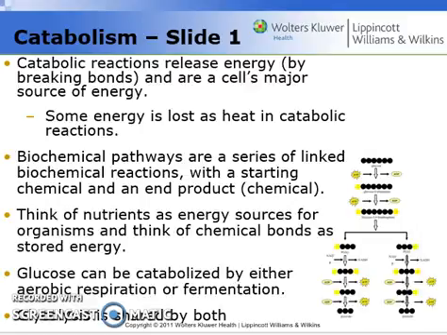The primary molecule that is great for doing this is glucose. And glucose can be catabolized by the process of aerobic respiration, which is also known as cell respiration, or the process of fermentation, which is the conversion of a sugar molecule into essentially ATP, but it releases alcohol and gas products through this process.